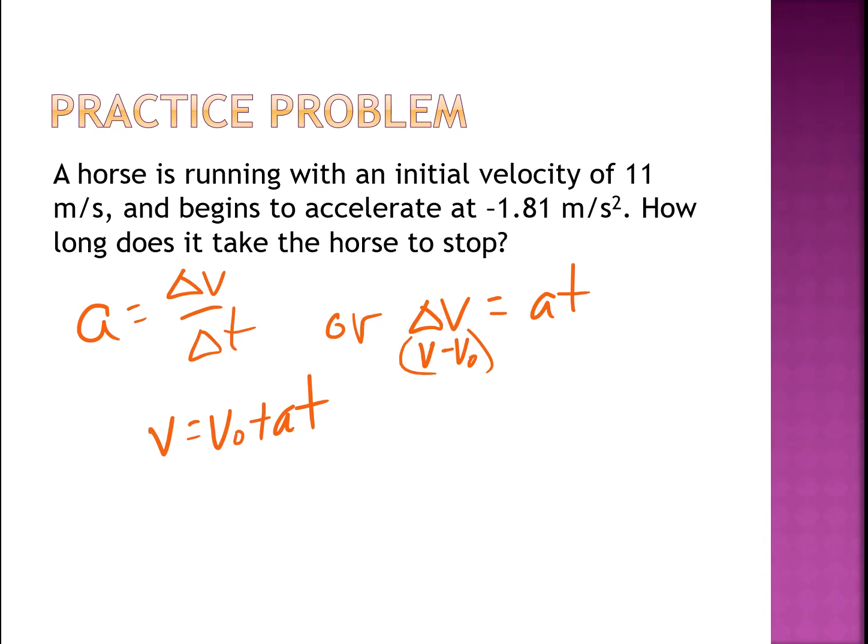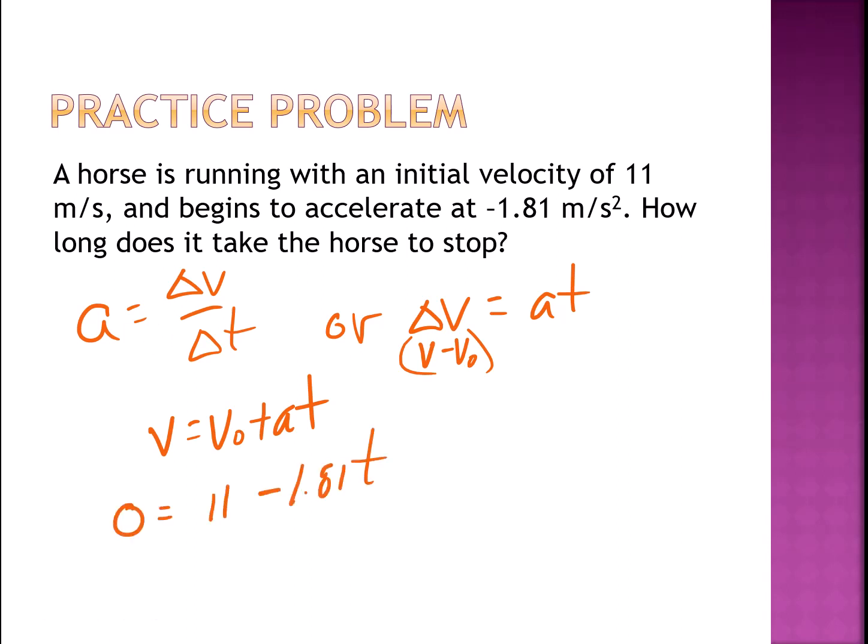Now sometimes you'll see me write it in the college format versus the high school format, but if there is no symbol, that means final. This is a O or 0, it means not, so that's V naught. That means initial. You can think of it like an O for original. So you will see it also written in this format, a linear format versus a fraction format.